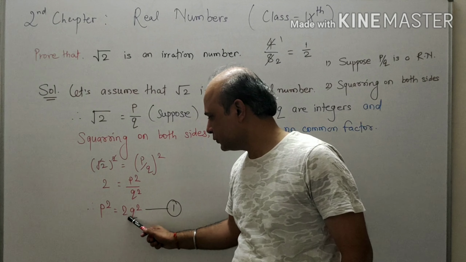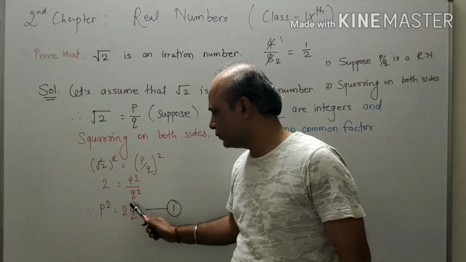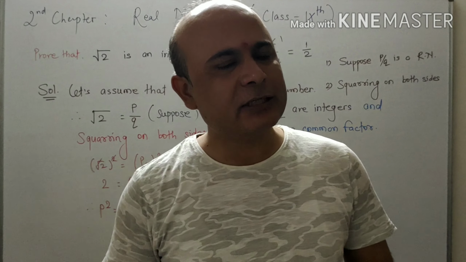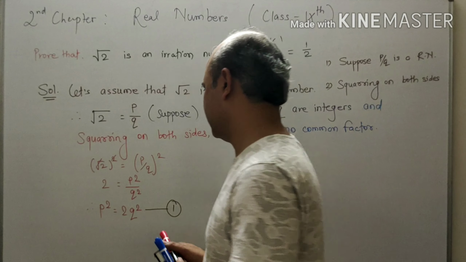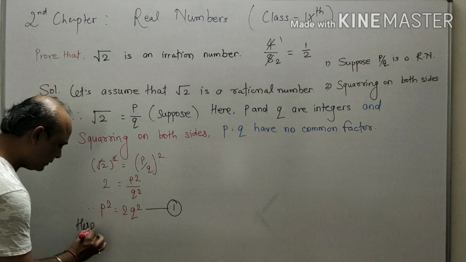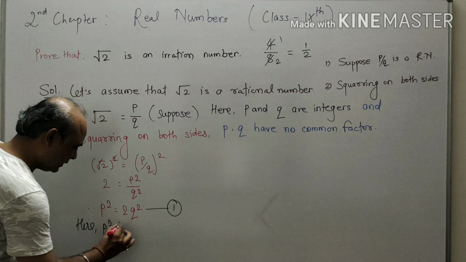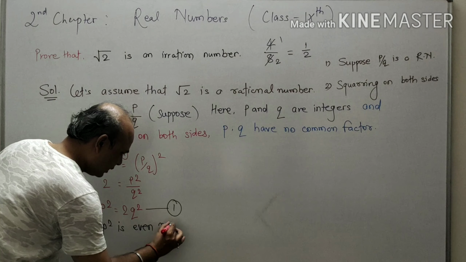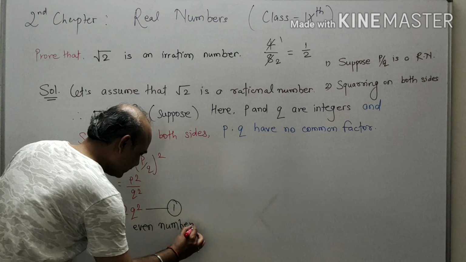If you take q is equal to 0, q is equal to 1, it means it is a multiple of 2. So we can say that here p square is an even number. How do you say that p square is an even number?